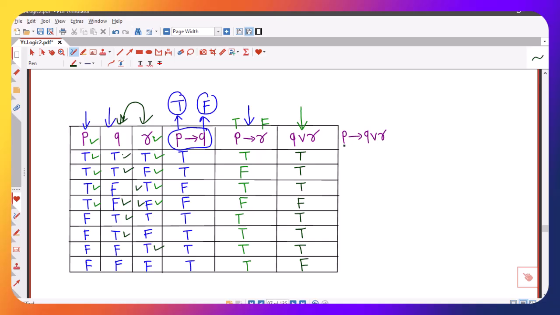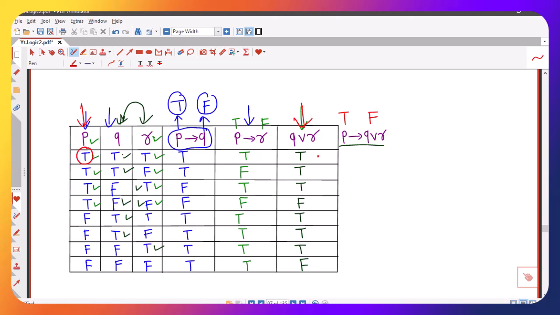Now we have to write P implies Q or R. So now we will concentrate on P and Q or R. And P implies Q or R is false whenever P is true and Q or R is false. So we start with the first row.